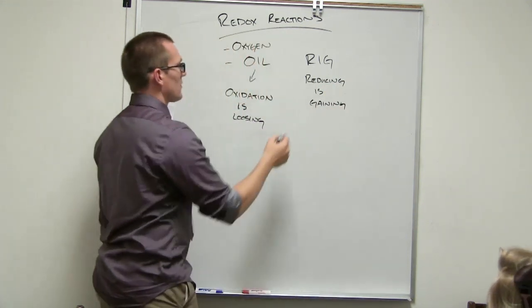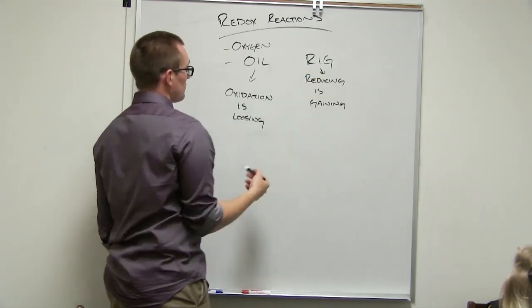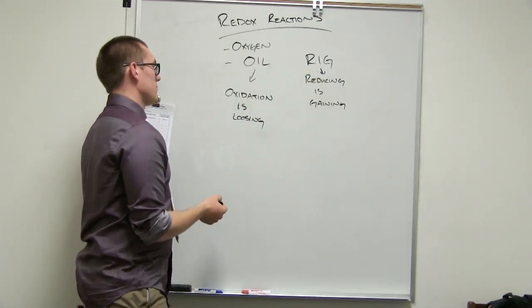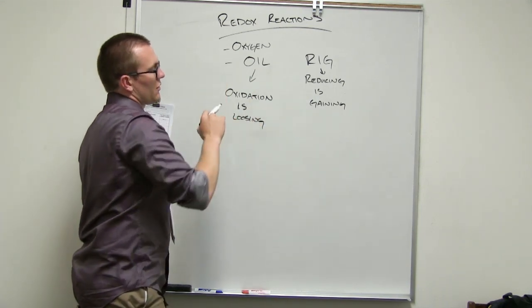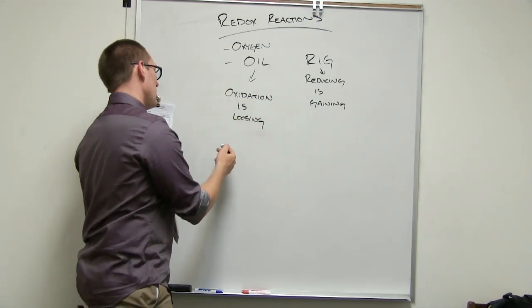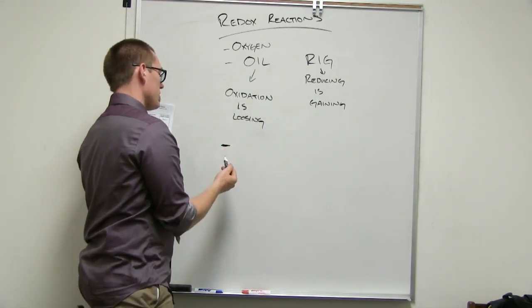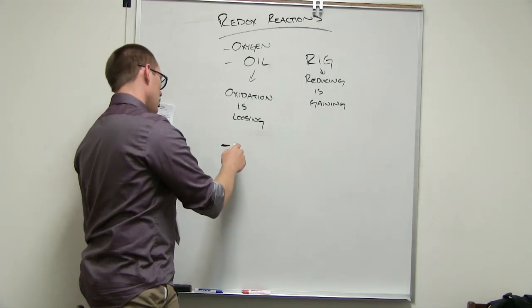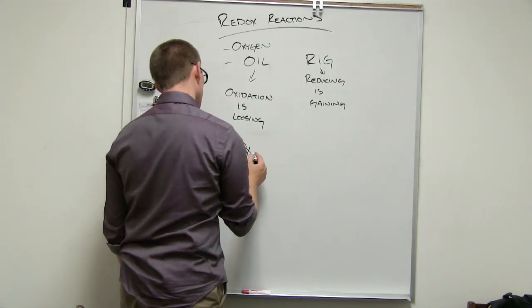Yep, exactly right. And that's going to help us figure out whether or not there's going to be a redox reaction. And then we're going to want to look at oxidation states.